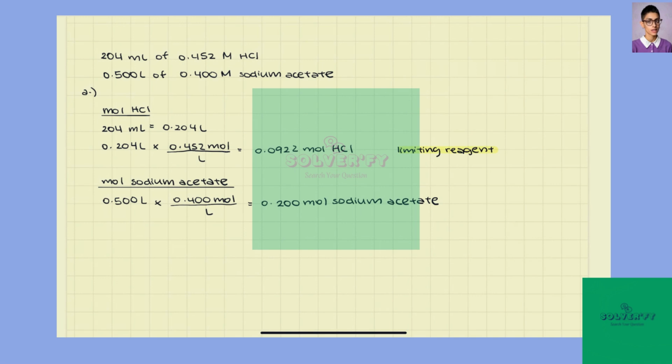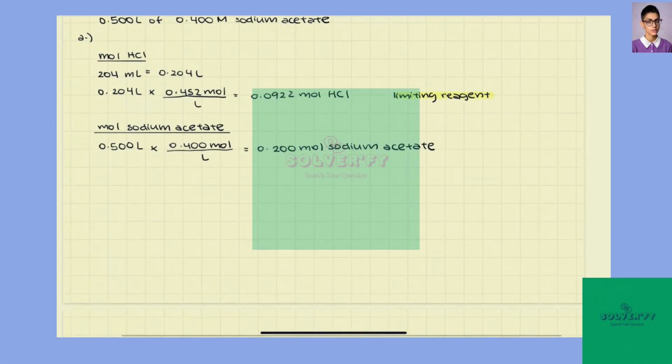Given this information, we can establish an ICE table. We can first write our equation of the reaction. And our ICE table, which stands for initial, change, and equilibrium.